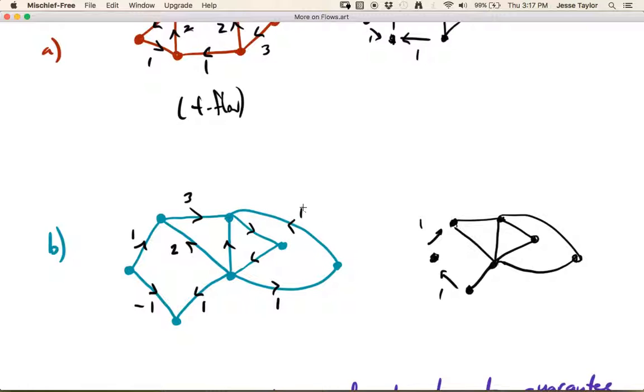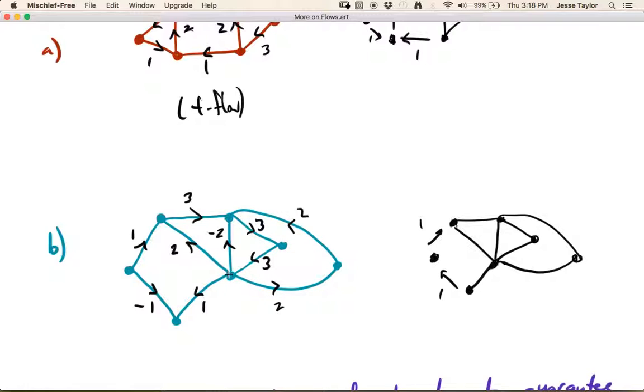Actually, it wouldn't have. Let me go back. I'll just do it the way I was originally going to. So let's say these are 2. And then let's make this a negative 2. Okay, so then I've got 2 going in, negative 2 going in, 3 going in, 3 going out, which means that this should be a 3, 3 going in, 3 going out.